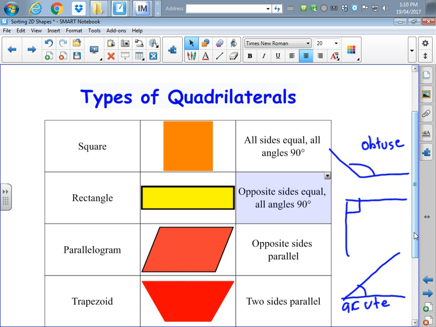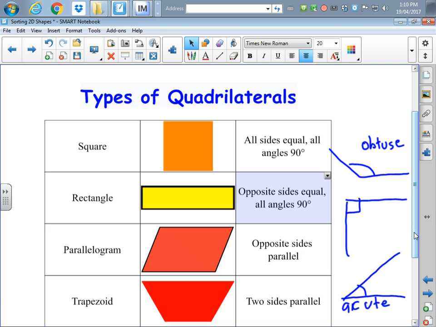Yeah, what does a square have? Lucy? Equal. So Sophie, all sides are equal in a square, and in a rectangle? They're not equal. Opposite sides are equal.